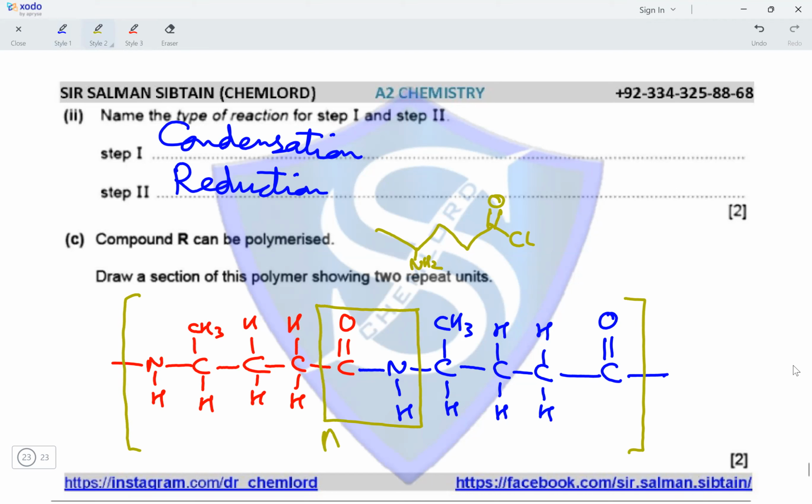So this is the amide bond, which is also the reason that this compound polymerizes, because an amide bond can form between the acyl chloride and the amine group in the molecule of R. This is the amide bond or the amide linkage. So this is the polymer showing two repeat units of compound R.